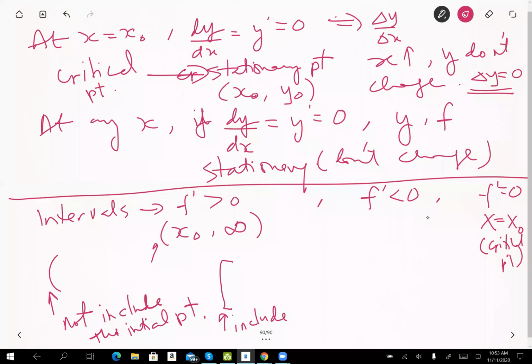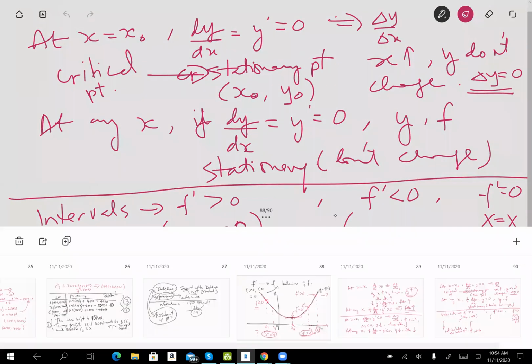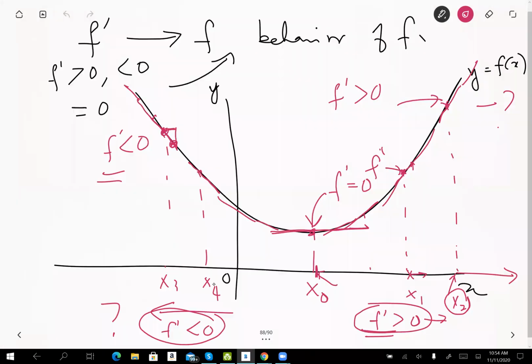Similarly, for the interval for which the derivative is negative, where does it start from and where does it end? Go back to the graph. From where to where? What is the last point? You start from the left, from the smaller value up to the highest value up there.